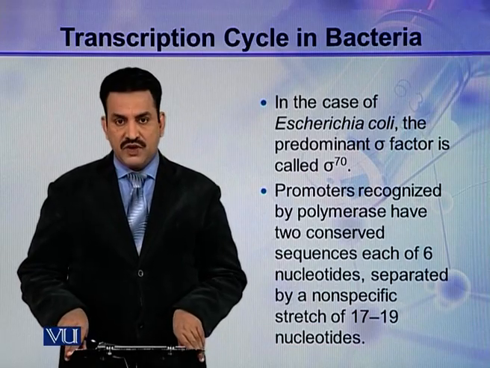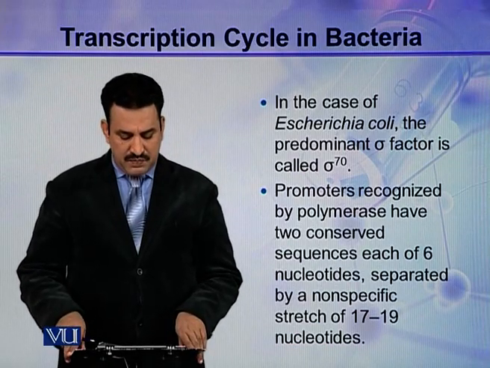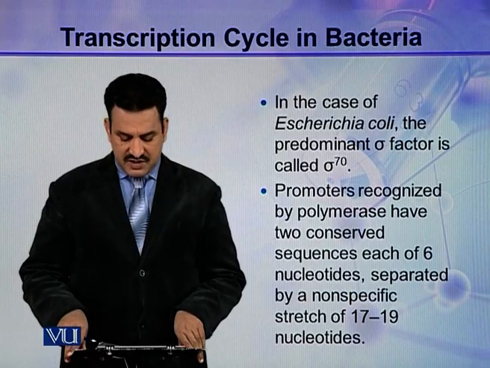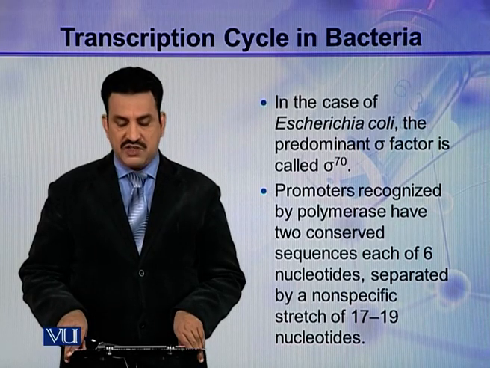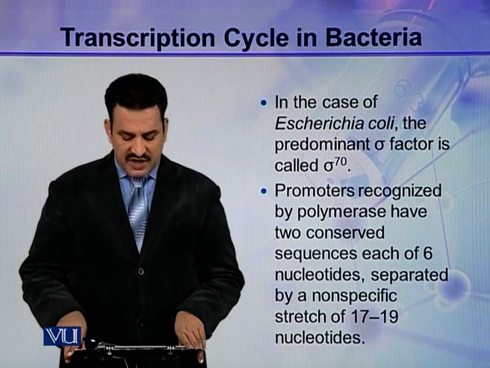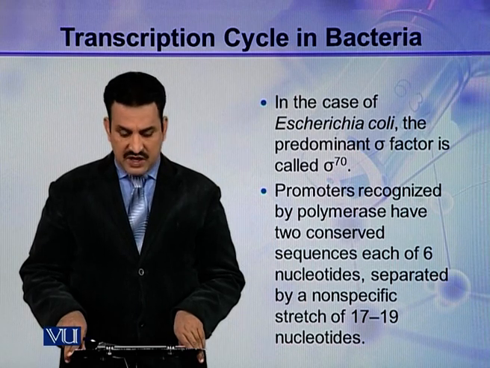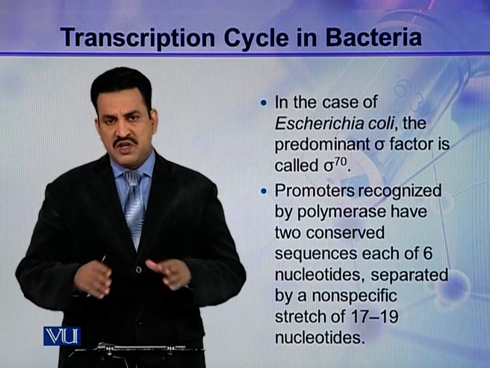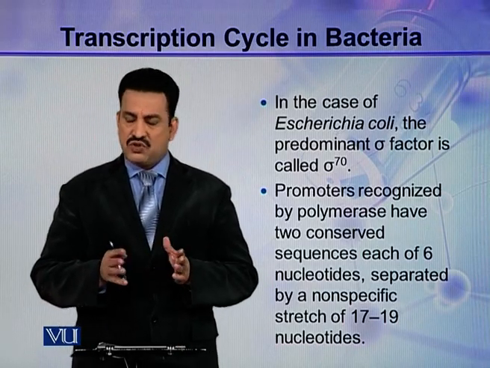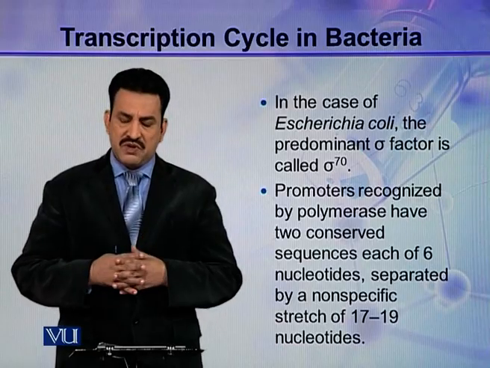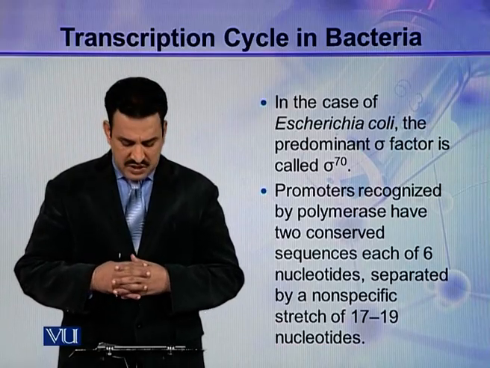In the case of Escherichia coli, the predominant sigma factor is called sigma 70. Promoters recognized by this polymerase have 2 conserved sequences, each of 6 nucleotides, and these are separated by a non-specific stretch of 17 to 19 nucleotides. Sometimes some people say 17 or 18 nucleotides.